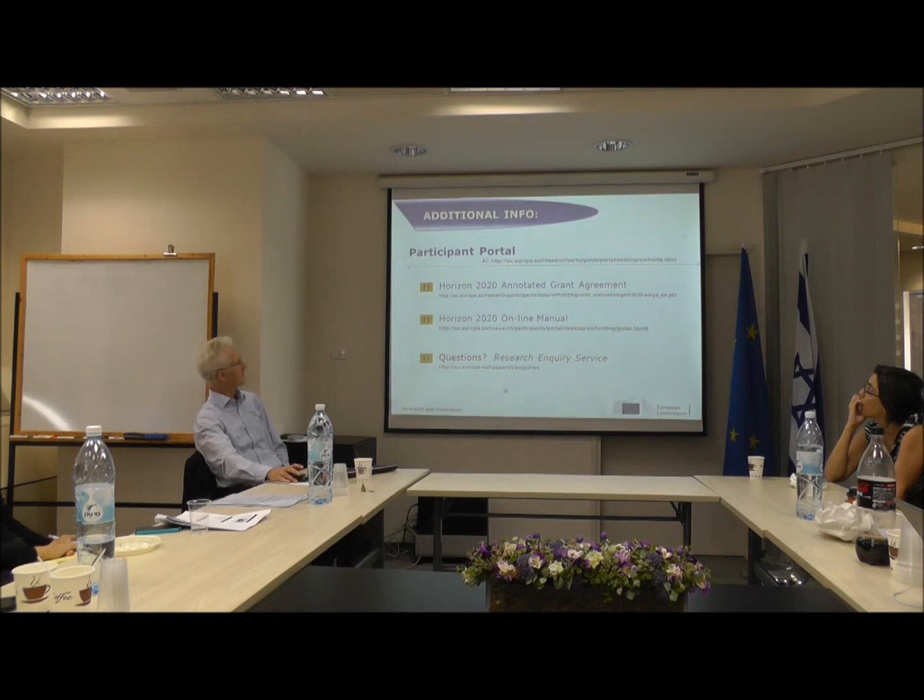That is nearly the end of this part on the grant agreement. You know that we have a very big document which is called the Annotated Model Grant Agreement, available on the participant portal. Some people even dare printing it out. It is a living document which will change. Very living. Every month.